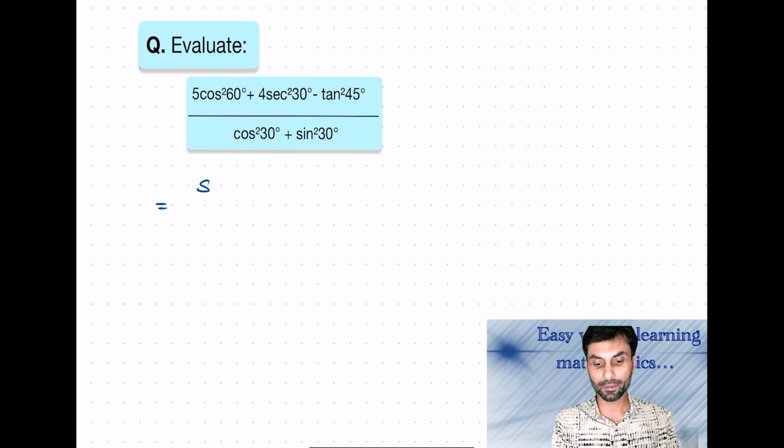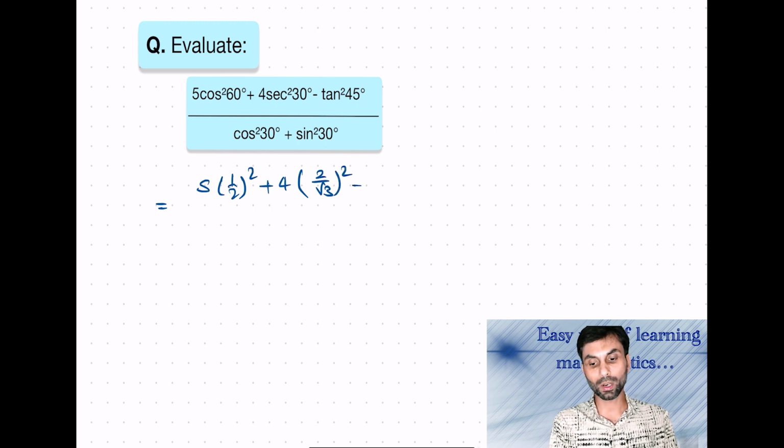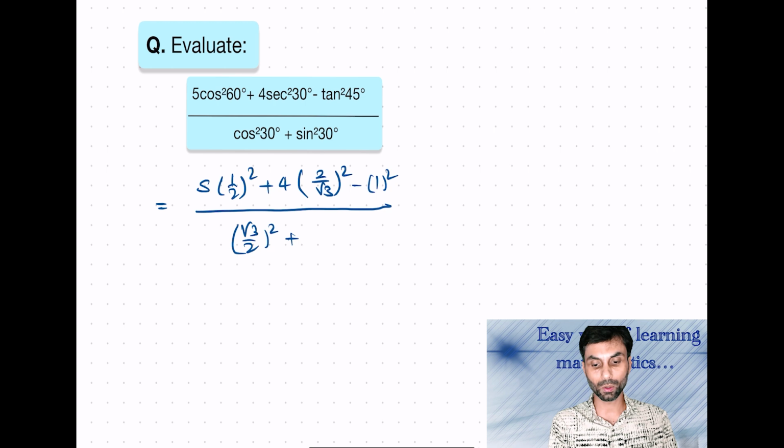It will be 5 into cos 60 is 1 by 2, so this will be 1 by 2 whole square, plus 4 into sec 30, which is the reciprocal of cos, so we'll get 2 upon root 3 whole square, minus tan 45 is 1, so it is 1 square. Now that will be divided by cos square 30, which will be root 3 by 2 whole square, plus sine 30, which is 1 by 2 whole square.